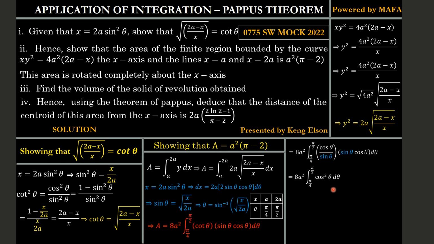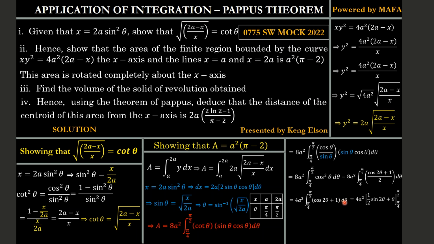But we need to transform cos squared theta because we cannot integrate it normally, so we transform it into cos 2 theta. By the identity, cos squared theta is (cos 2 theta plus 1) all divided by 2. The 2 can go outside and meet 8a squared to give you 4a squared. Now the integral from pi on 4 to pi on 2 of (cos 2 theta plus 1), integrating with respect to theta.